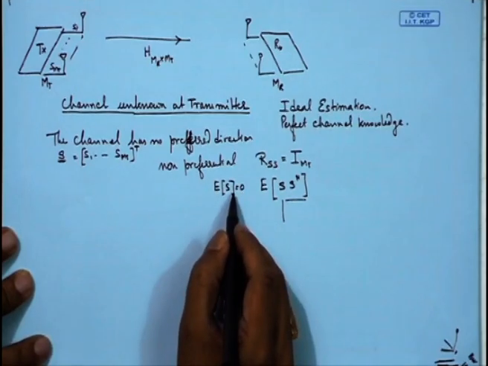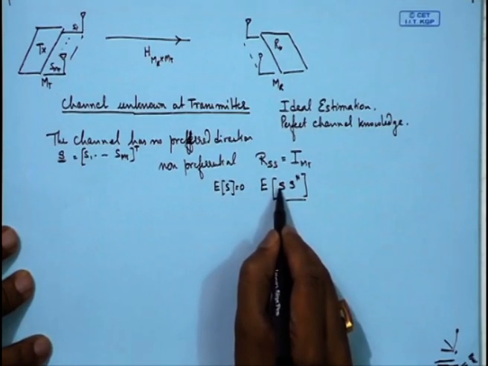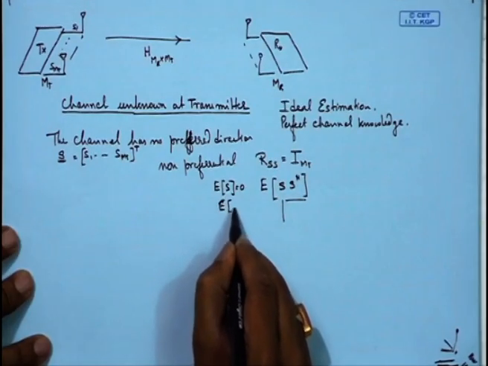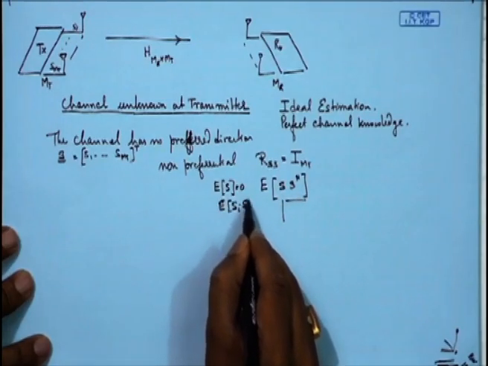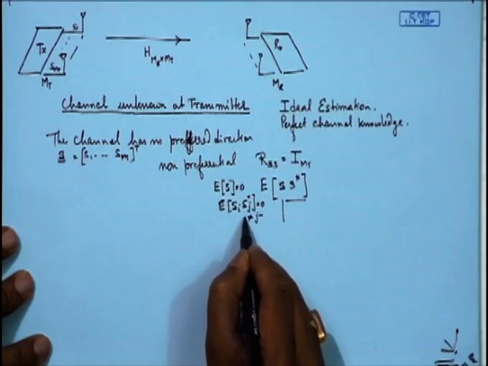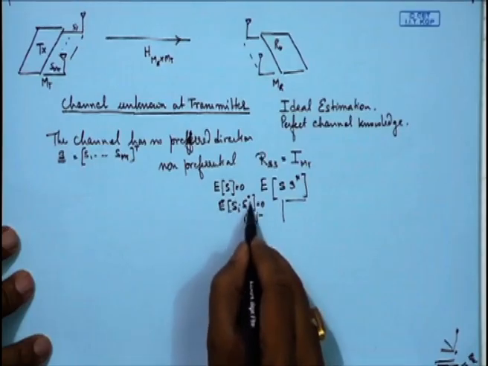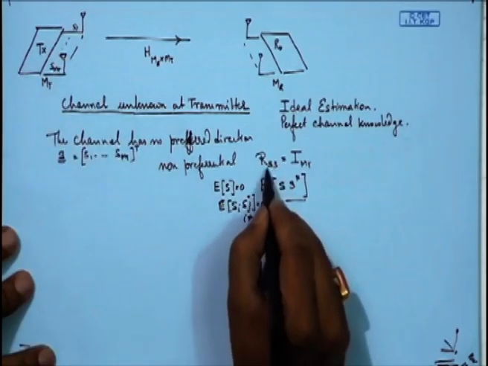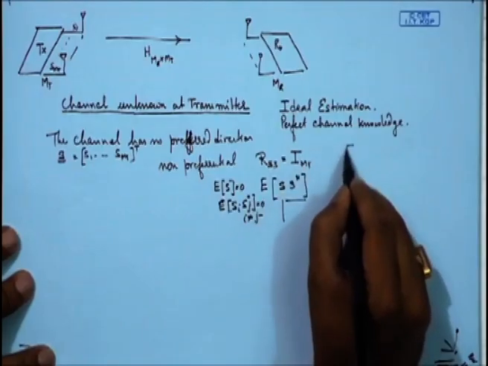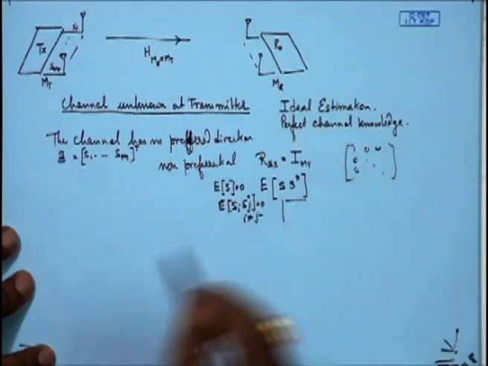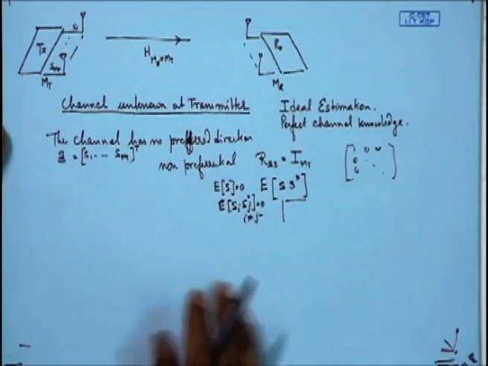That means it's zero mean. So when you have E of S S Hermitian, we also have E of Si Sj conjugate equal to 0 for i not equal to j. That means independent. So we are taking independent symbols in these cases. Therefore RSS is the identity matrix, that is, it has 1s on the diagonal and 0s elsewhere. So that will be the RSS.